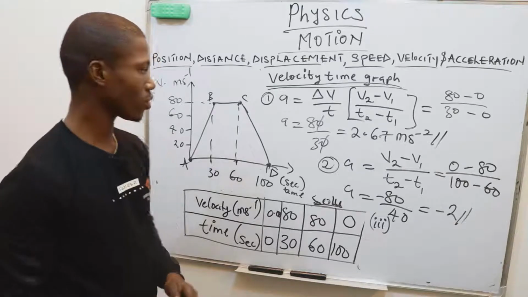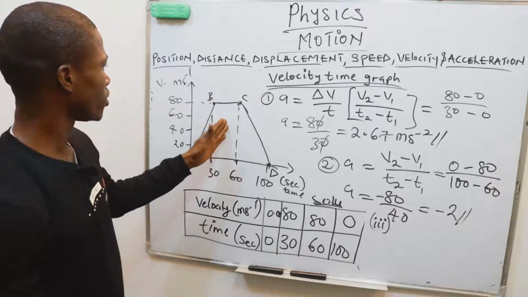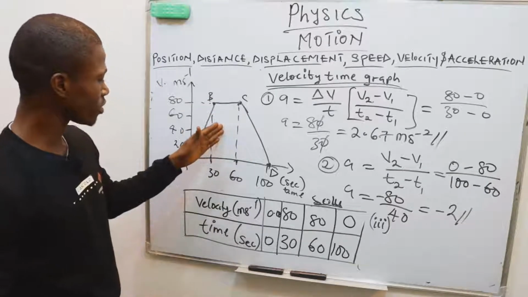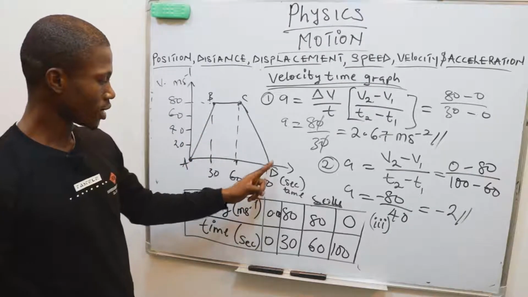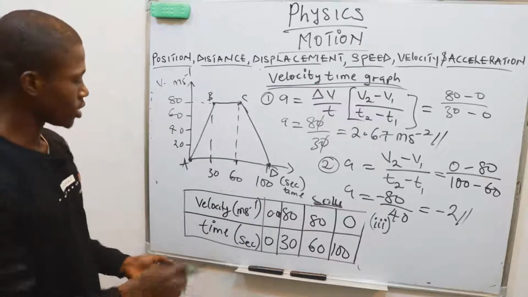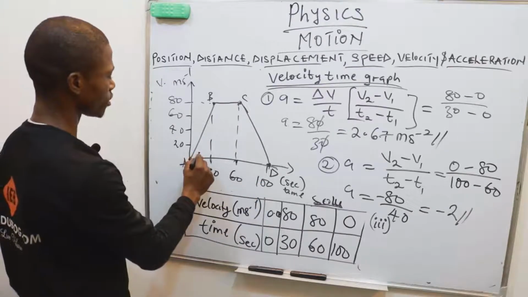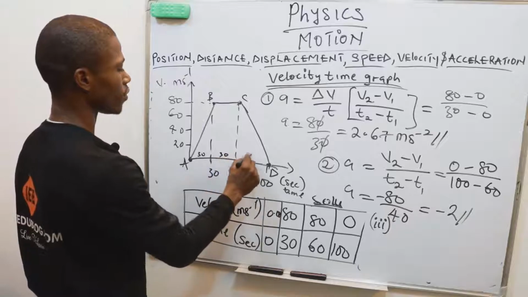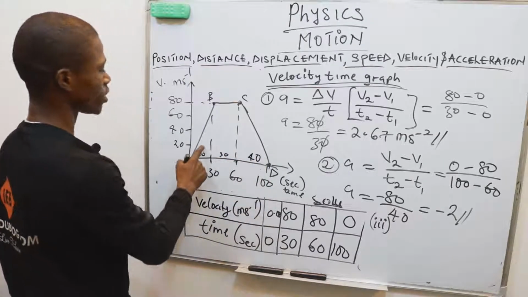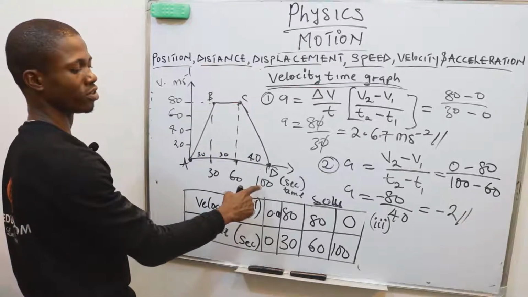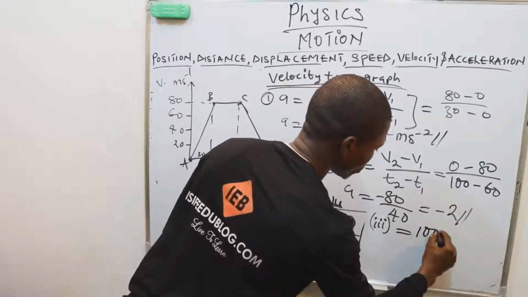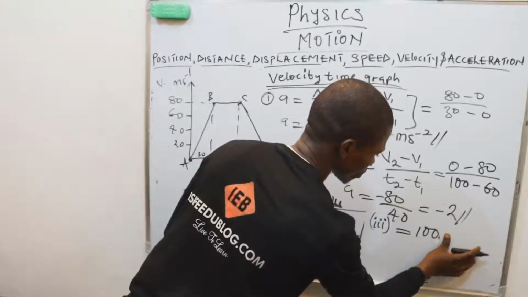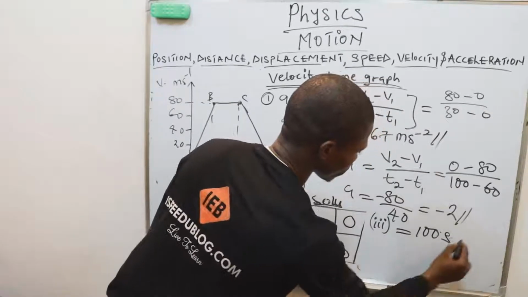The total time it takes our car to start from A and end at D is the first 30, the second 30, and 40. So our total time is 30 plus 30 plus 40, which is 100 seconds.